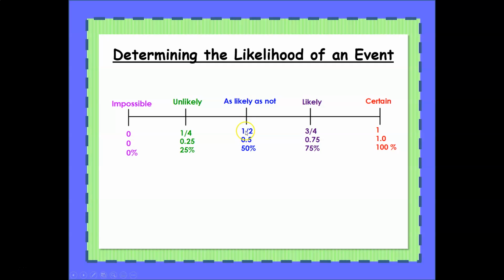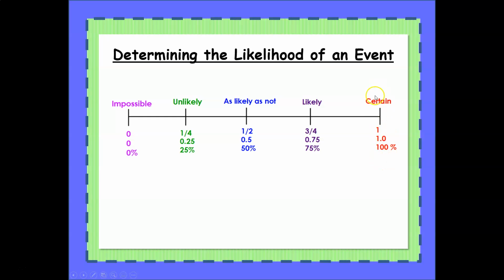It's as likely to occur as not if it is 50%. So then anything in here is unlikely, and likely to occur is getting around our 75%, and certain is 100% or 1.